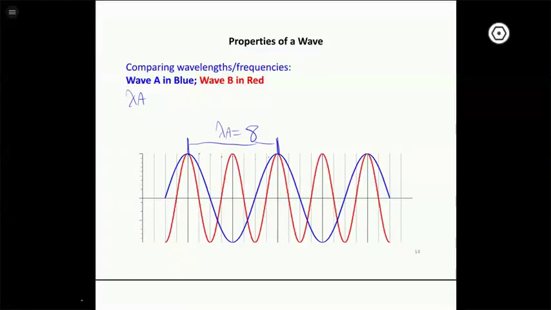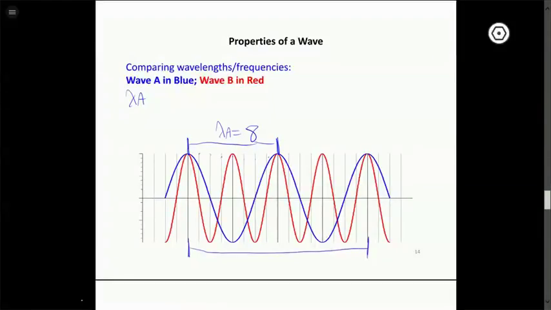And then if we look at the frequency for A, if we count the number of cycles over a given period on this graph, from here to here, we go through 1, 2 cycles. So 2 cycles for the first wave A.